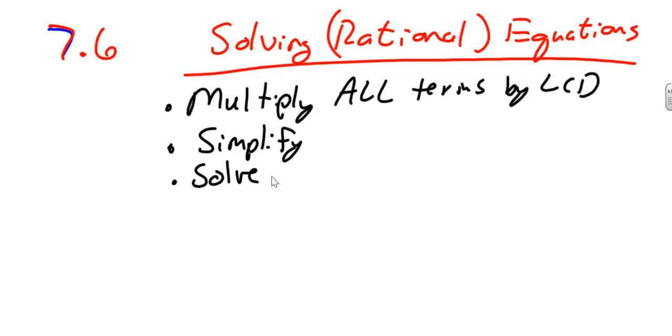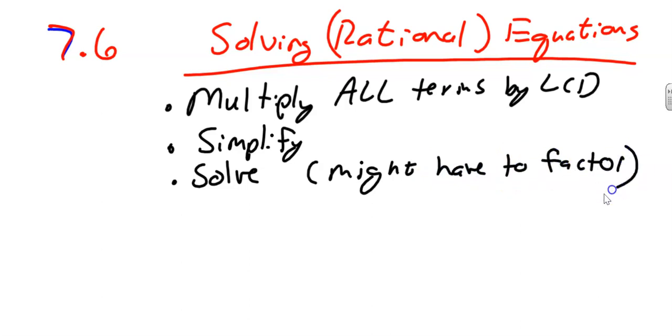There might be just a tiny little bit of factoring here and there at the very tail end of it. In just a few cases, you might have to factor to solve. I think that's at the very back end of everything that you can do in 7.6.